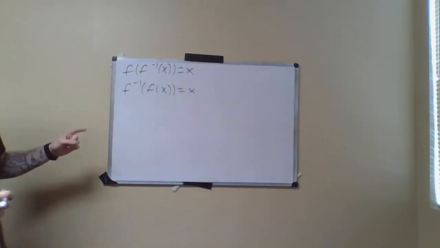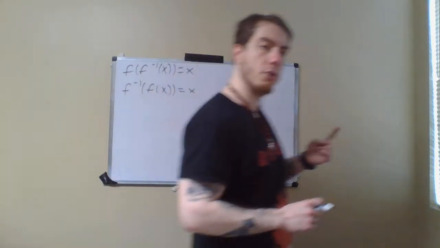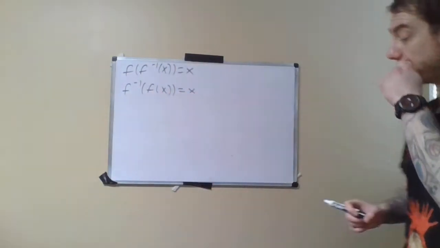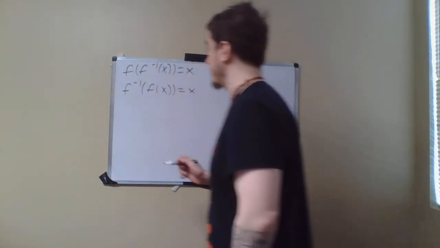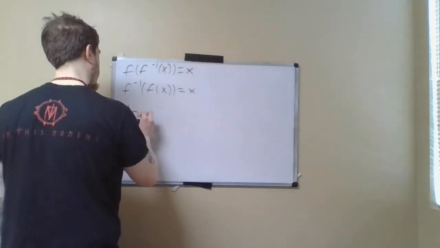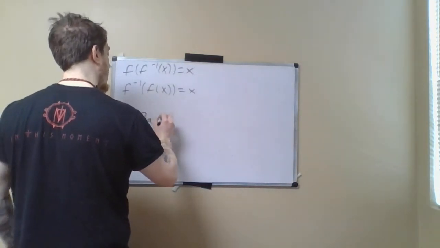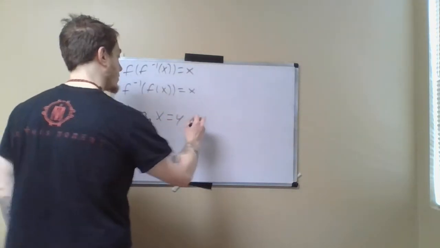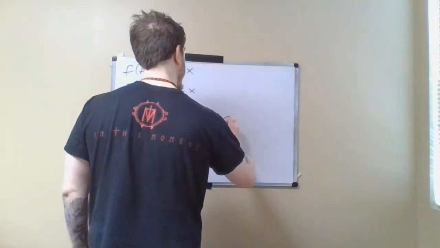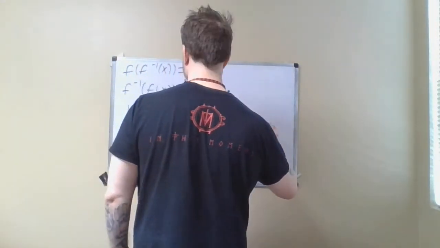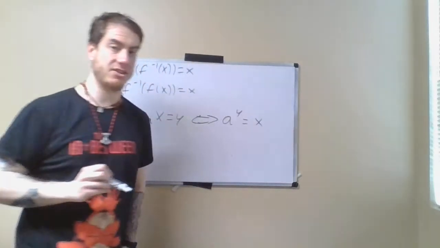Now, how does this all apply to the logarithm functions? Well, the logarithm functions are the inverses for the exponentials. So log base a of x being equal to y means that a to the y is equal to x.